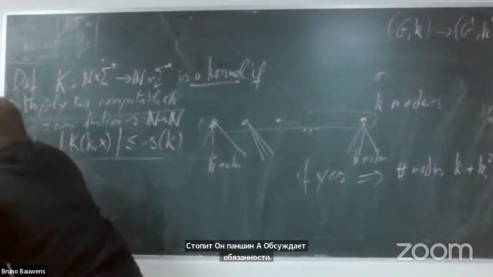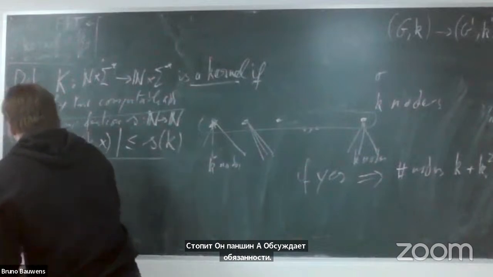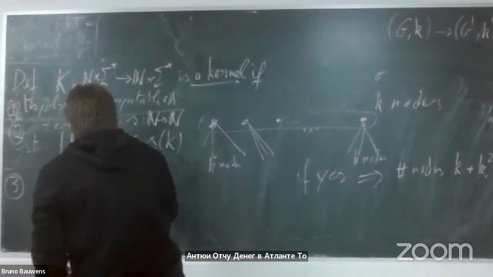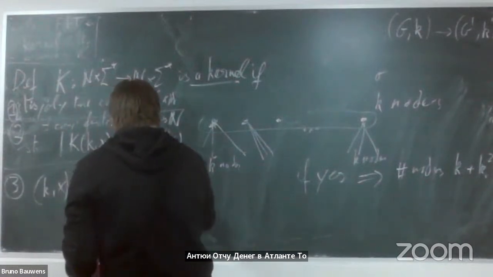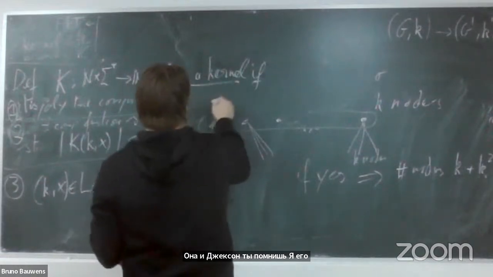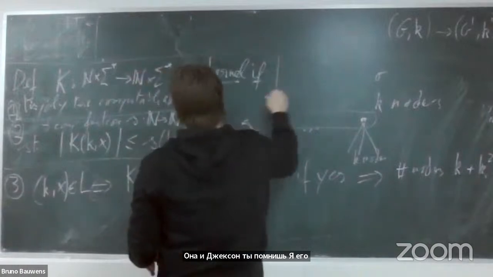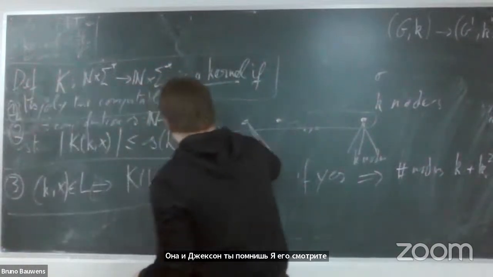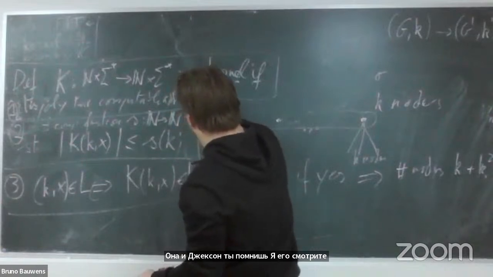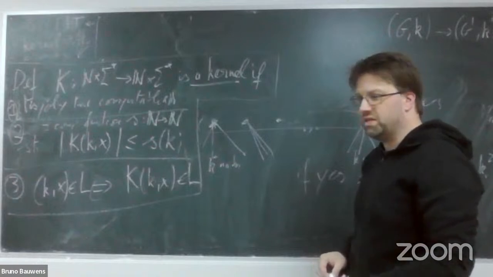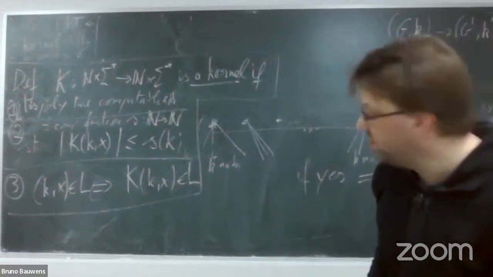And three, it should be equivalent: x, k is in L if and only if the output is in L. So these are three requirements. So that's the definition. Sorry, it was boring while I was writing.